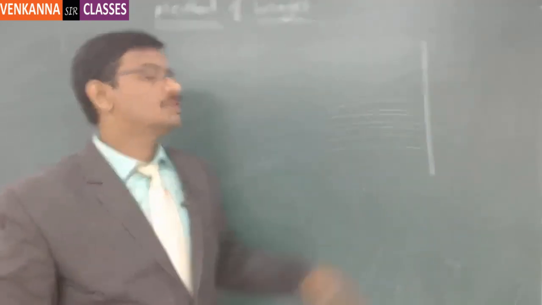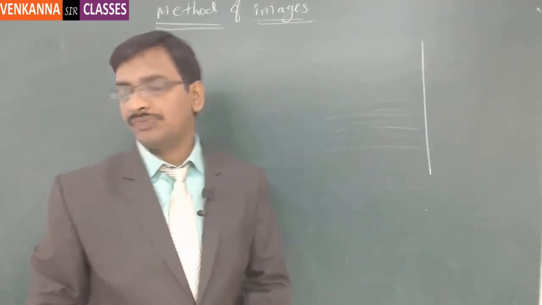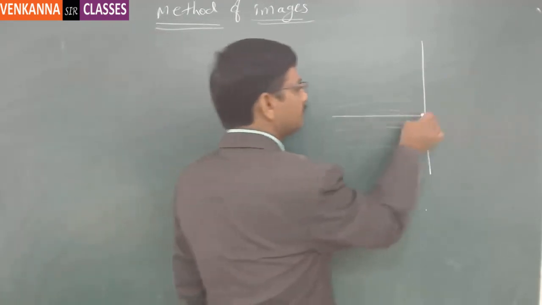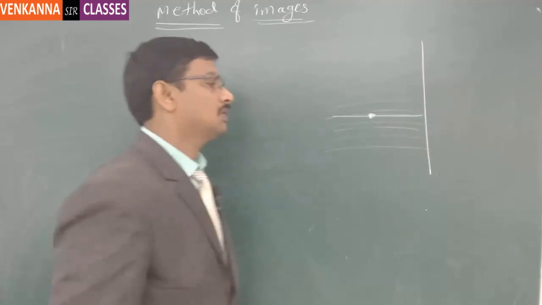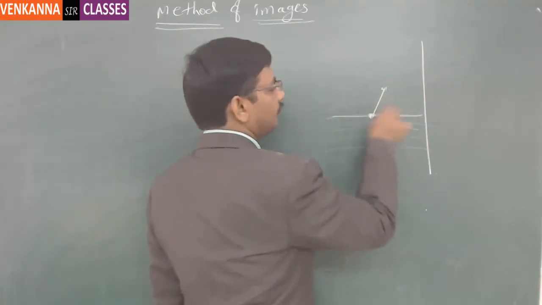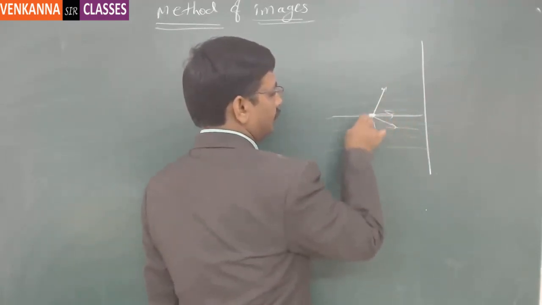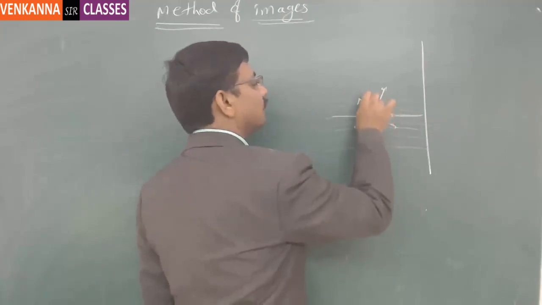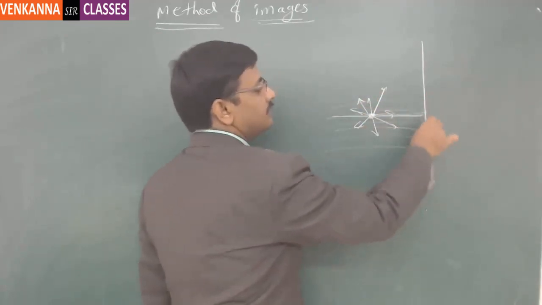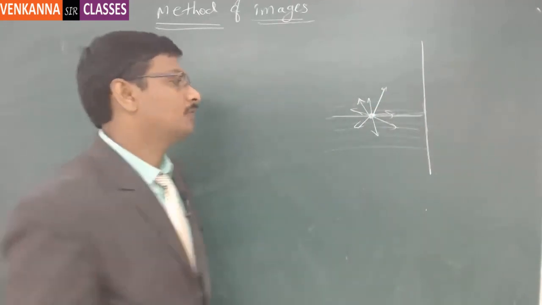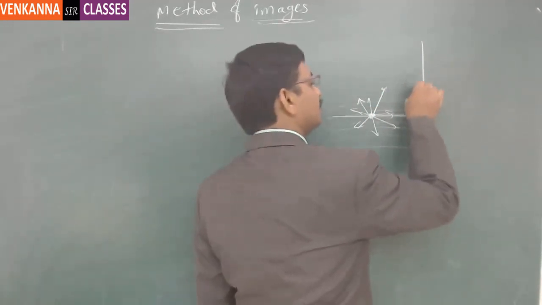Now, to simulate this kind of scenario, suppose there is a source placed here, and this source will continuously generate the fluid in all the directions. If you notice, this boundary will make the fluid flow in a tangential direction like this.